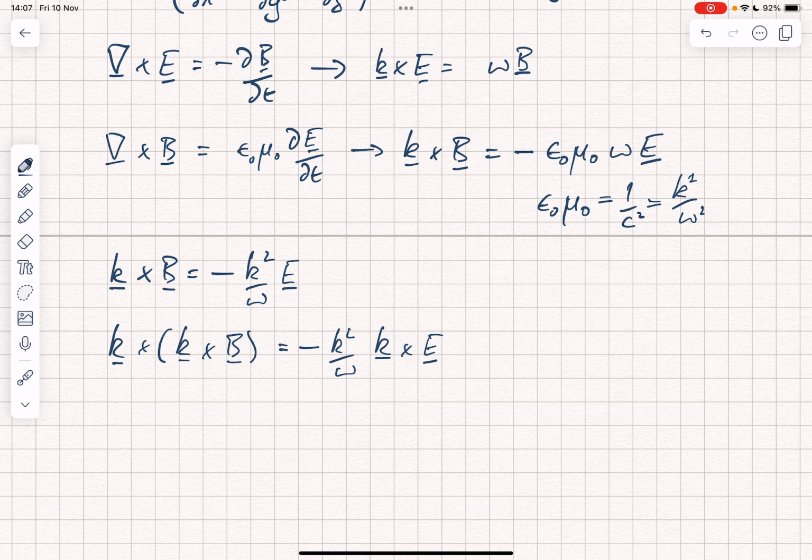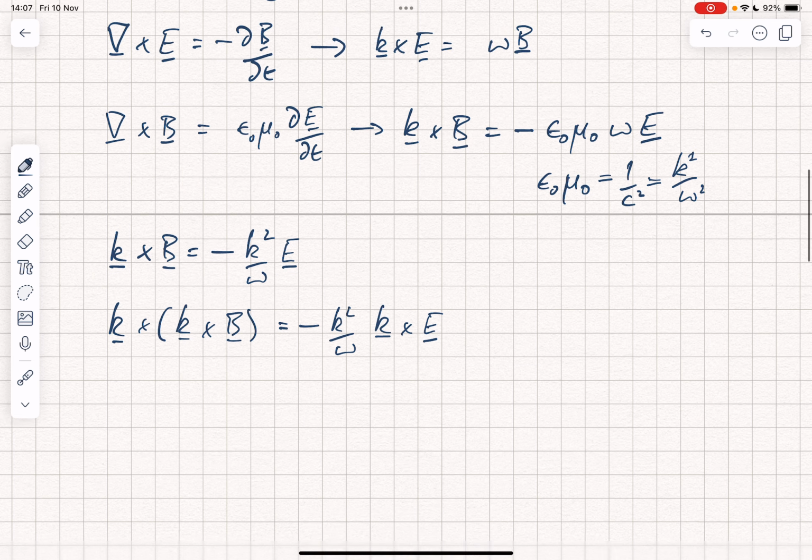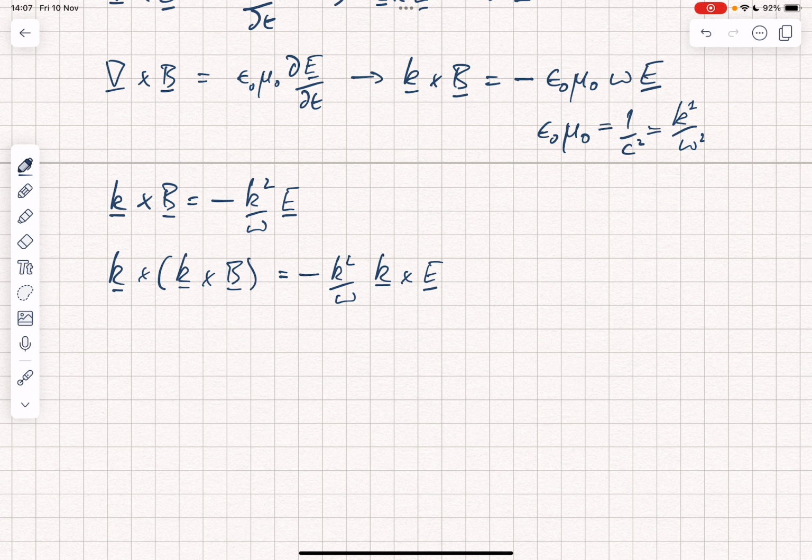We're going to do this using the expansion formula that you can find in many different places for A crossed with B cross C, and please note that the order of the brackets is incredibly important. This will change if you change the order.